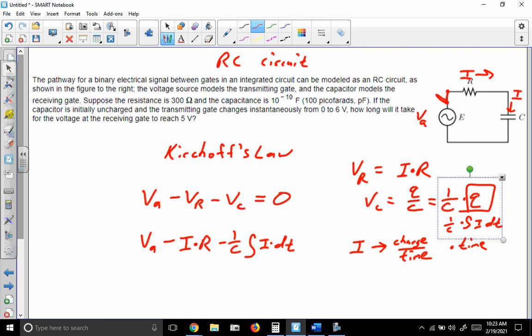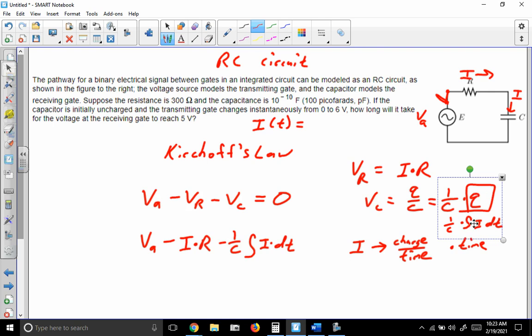But when you first flip that switch, the current is going to go from 0 and all of a sudden increase. So instantaneously, we are going to have a changing current that's going to be integrated over time. We're wanting to eventually come up with a function that tells us what the current is at a given time.